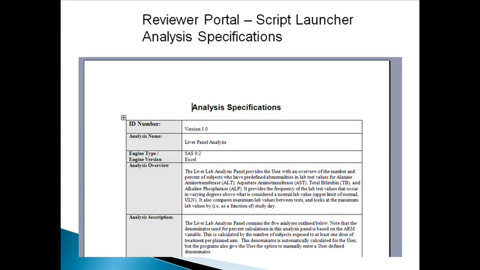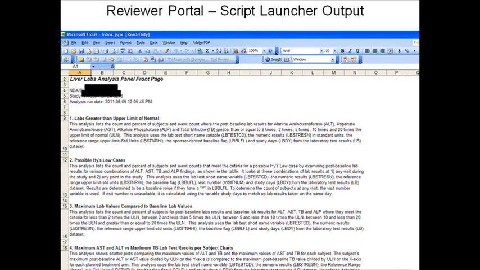For this first version of the script launcher, we focused mainly on SAS scripts. And as we expand this out further, we hope to be able to incorporate the ability to launch R scripts as well. So, having run that liver panel analysis, what the reviewer will see will be this Excel spreadsheet.